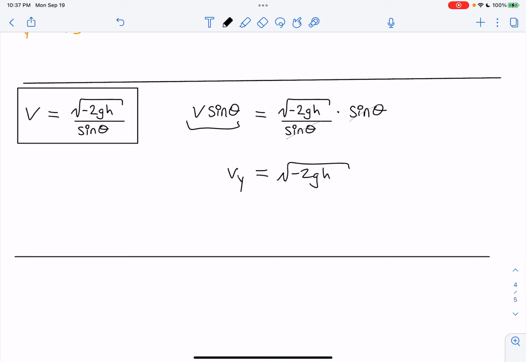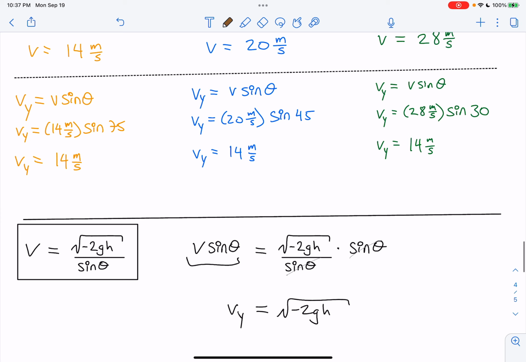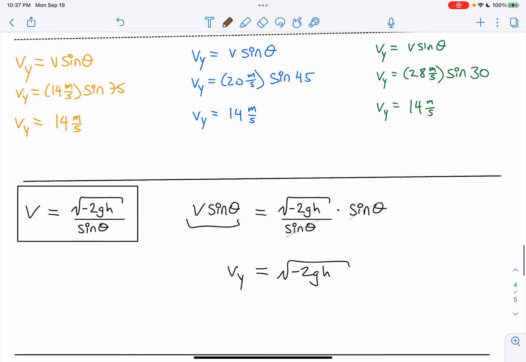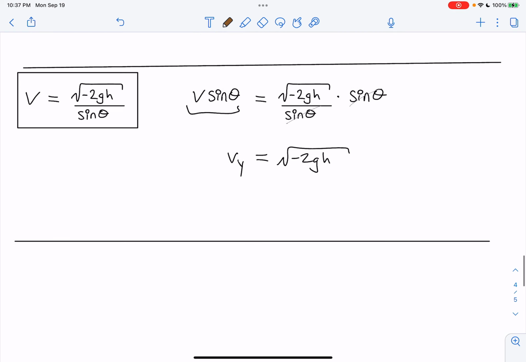Why is that interesting? Why is that informative? And why is it related to this reveal that we've got the same y component of the velocity for each, no matter what angle we're looking at, if we're reaching the same height?